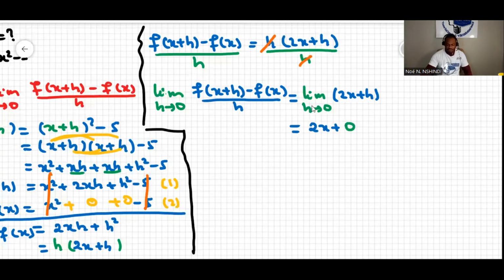And that's the final answer. It is equal to 2x. Whatever you see here is the derivative of the function, because that's f prime of x from first principles.